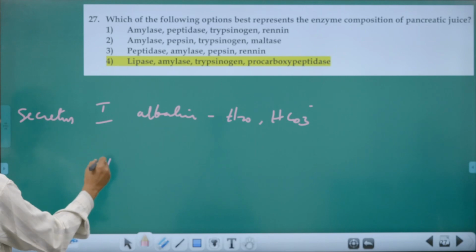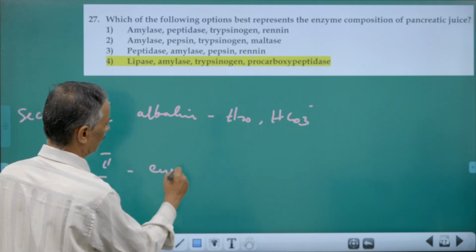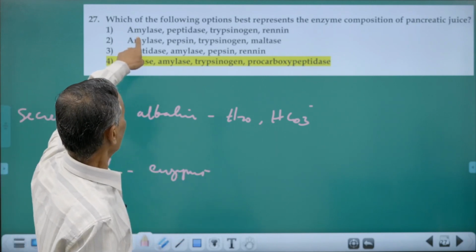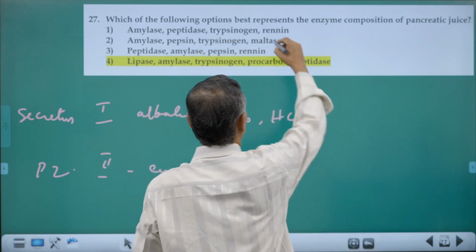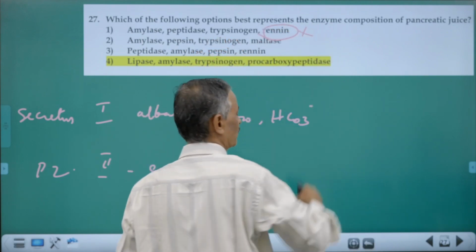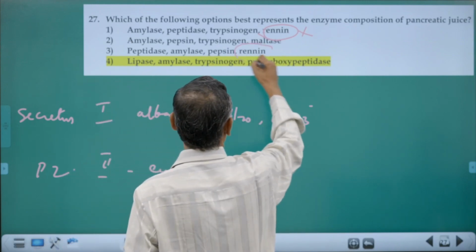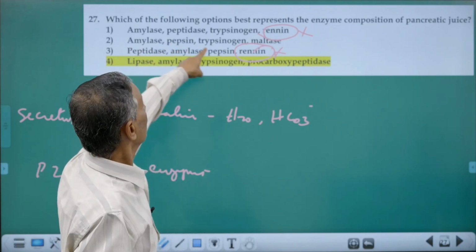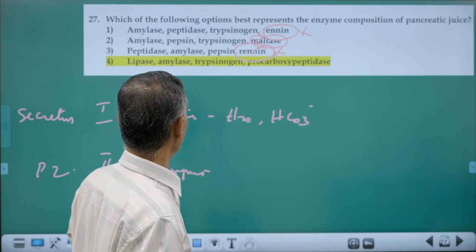The second secretion, under pancreozymin, contains all the enzymes. What are the enzymes? Amylase, peptidase, trypsinogen, renin. No, renin is not present. It is produced by the gastric glands. Amylase, pepsin, maltase: maltase is present only in succus entericus.